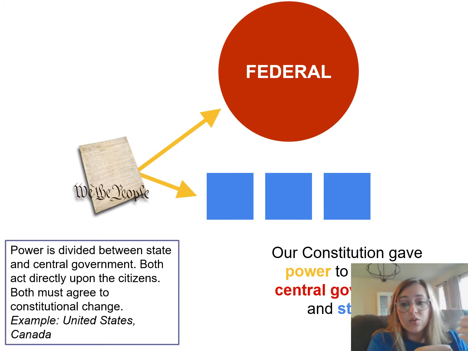The Constitution is the governing document that divides out that power. Some examples of federal systems today obviously include the United States. In addition, Canada has a federal system, and I think about another 20 countries or so.